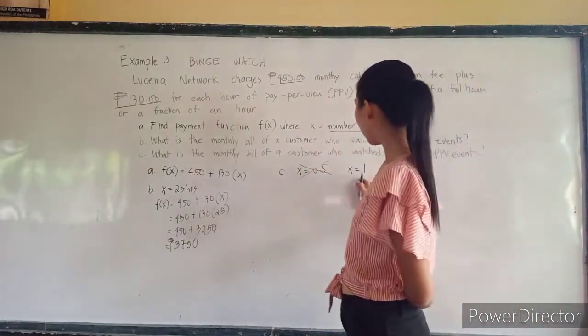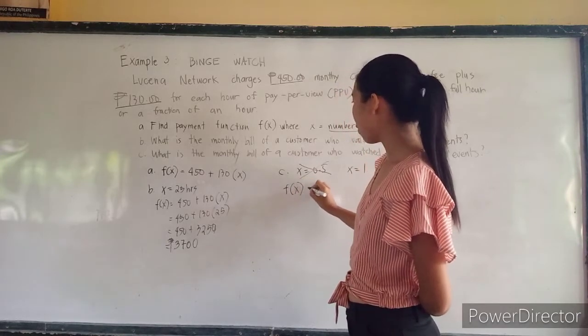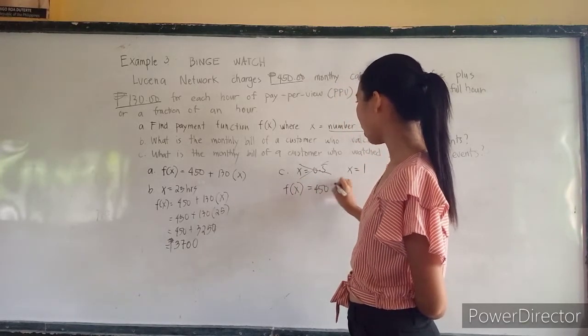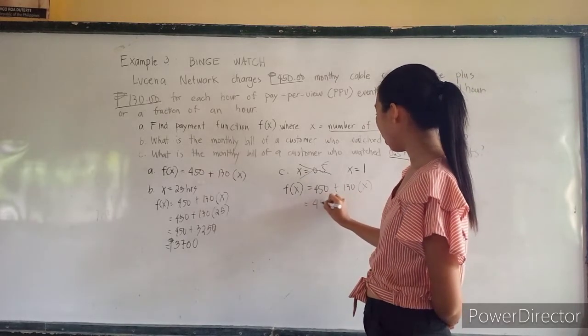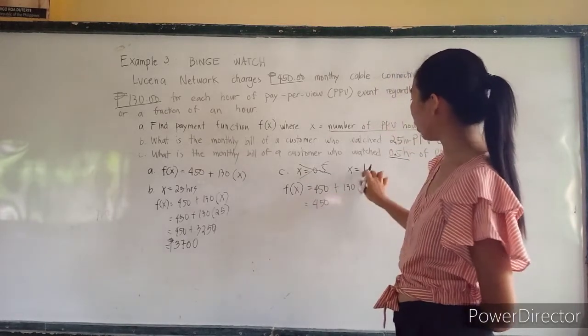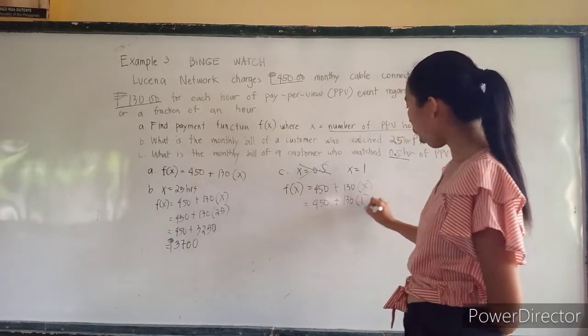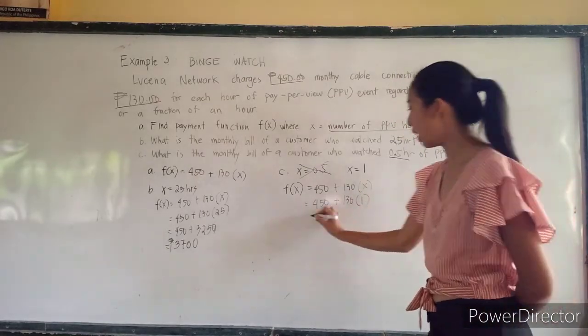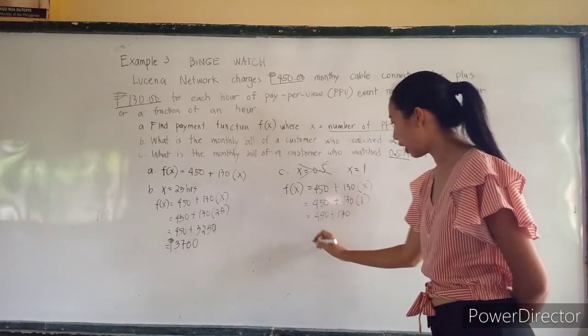So let us use our function from a while ago, f of x is equal to 450 plus 130 times x. Then evaluate our function: 450 plus 130 times 1. So 450 plus 130.